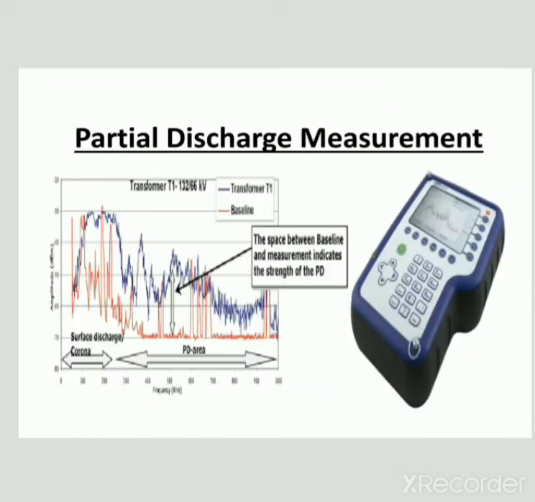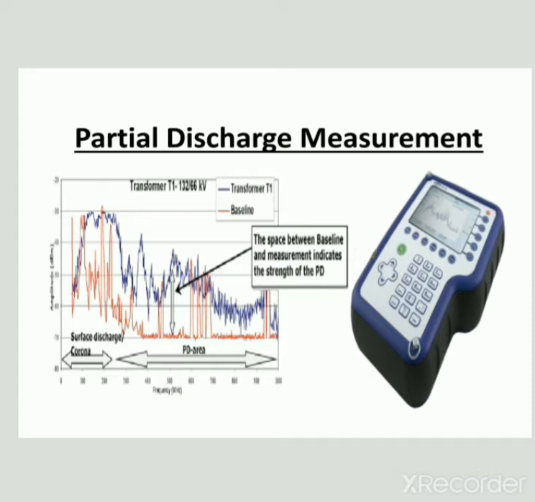Then next slide is partial discharge measurement. Among the advanced techniques, partial discharge measurement is also important for the transformer. The graph is shown in the above figure, and the space between the baseline and the measurement indicates the strength of the PD, that is partial discharge.